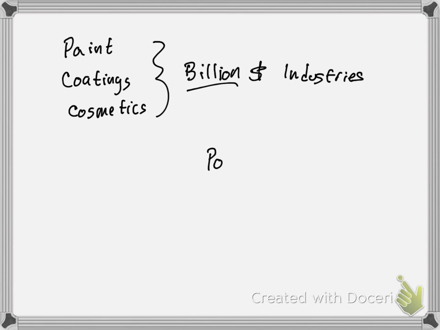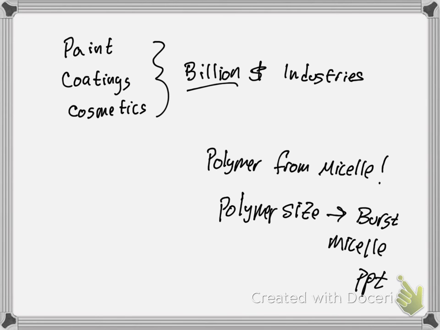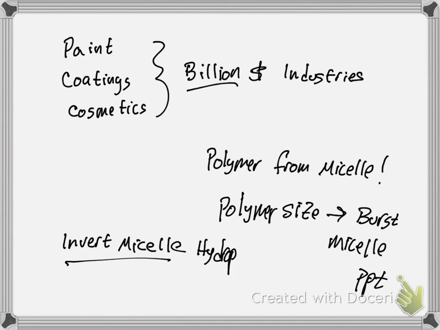Well, from the micelle. Once the polymer hits the size, it'll burst out and precipitate. Or you can do something to invert the micelle, which usually means putting it into a hydrophobic environment.